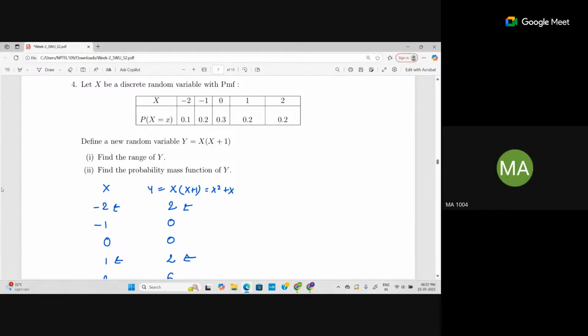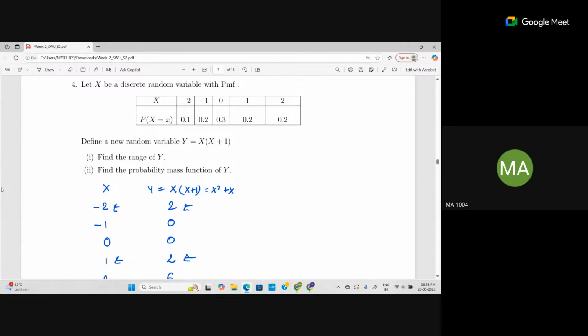Okay, see, whenever you have a random experiment, what do you understand by random experiment first? A random experiment is a kind of experiment where you know the possible outcomes, but we don't know what exact outcome you will get. Now for the outcomes we are getting, we assign numerical values. For each outcome we assign some numerical value, and that we call a random variable.